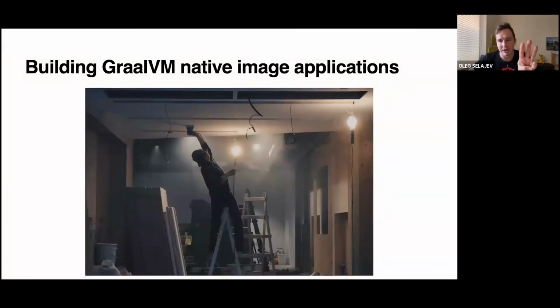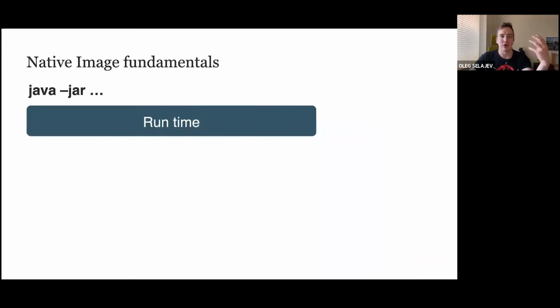Now we have 3 parts of what we want to take care of while we talk about native image, sort of the operational principles. So first, we need to build the native image. This is interesting, because when we talk about the normal Java runtime, when we start our Java application, it starts and then it runs, and it's one single process.